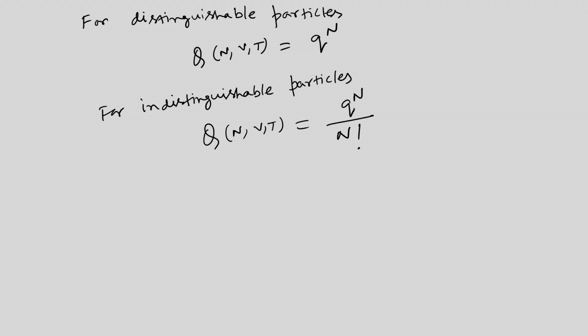So, the beauty of this is we had an n body problem, we reduced the n body problem into n number of single body problems. Okay. So, next we will discuss more about the molecular partition function.